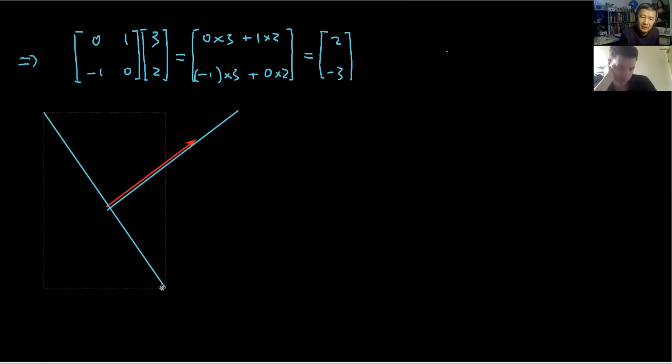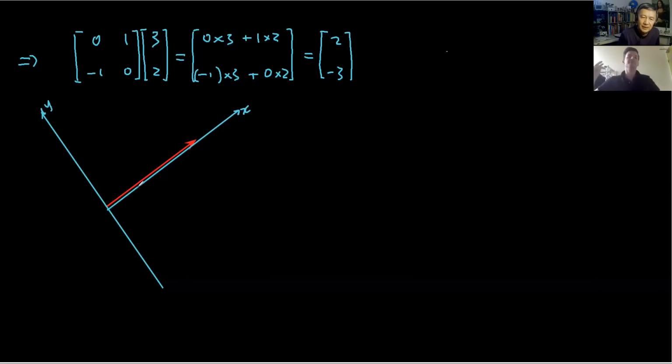But the vector can be described entirely using x. You can use the basis vectors. So this x, this y, can we call this unit? So this is unit. Yeah, that's why we take this trouble.